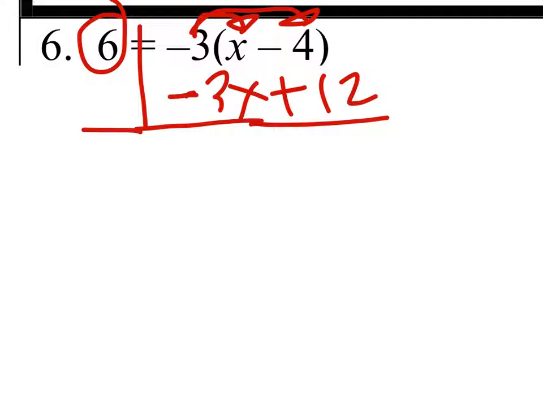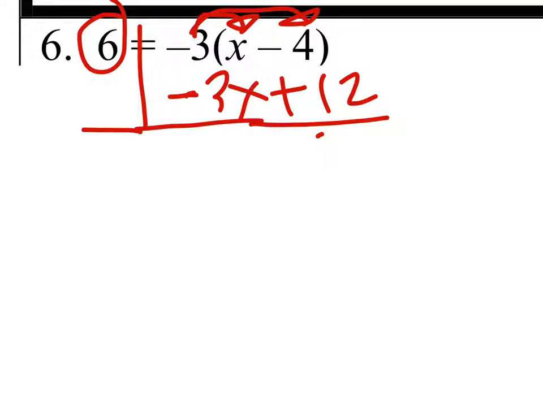And then, negative, I'm trying to remember, it left my head. So I think you want to do it with the 12 because you want x by itself.